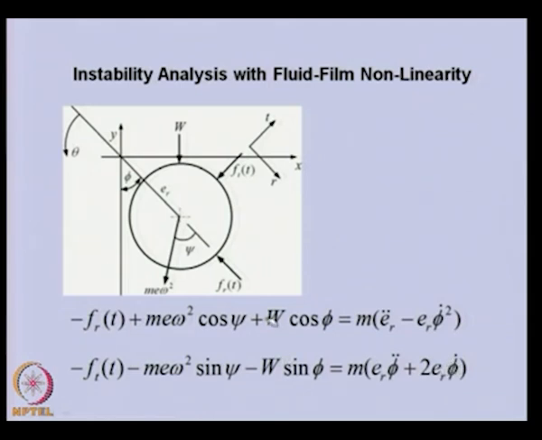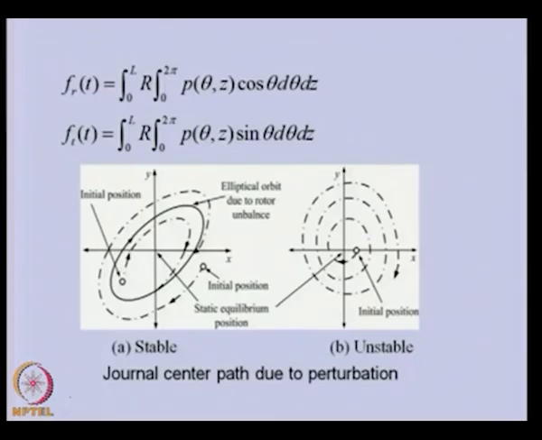So, in this equation of motion, the only thing is that this radial force and the tangential force from the fluid film need to be obtained from the pressure of the fluid. So, over the inside surface of the bearing from 0 to 2 pi angle, and along the length of the bearing, we need to integrate this pressure, which we can obtain from the Reynolds equation.